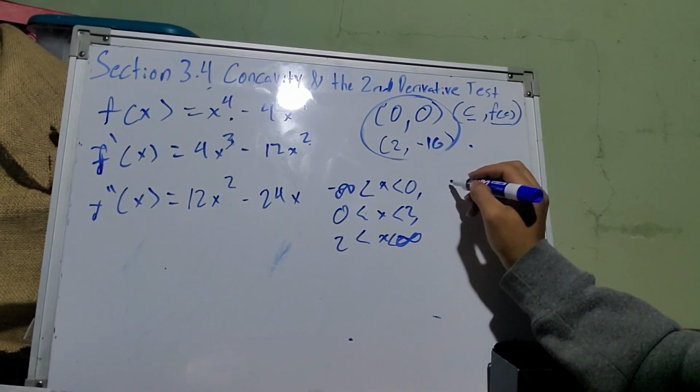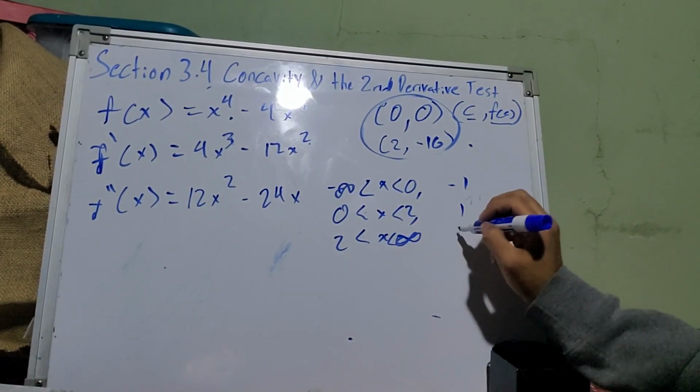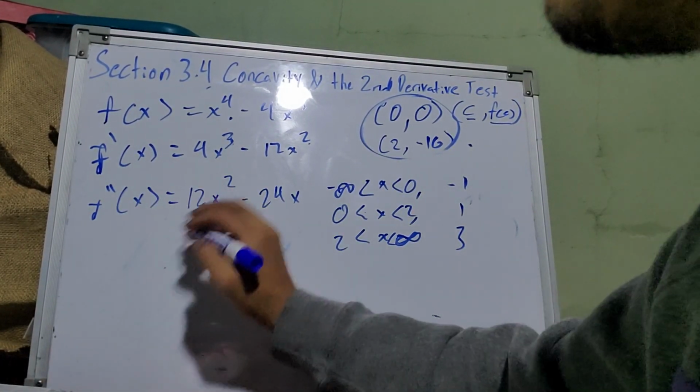Again, we can pull values, -1, +1, and anything above 2, so we'll do 3. And we can plug those into the second derivative.